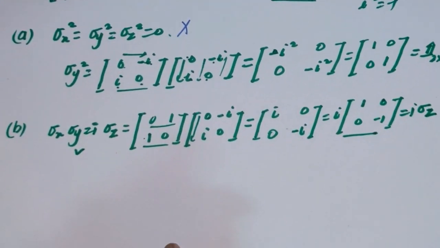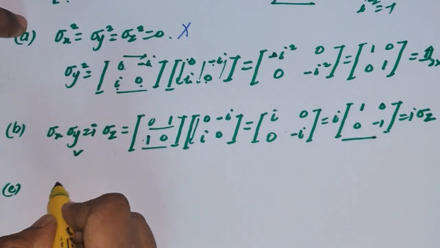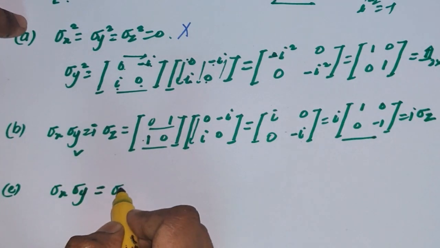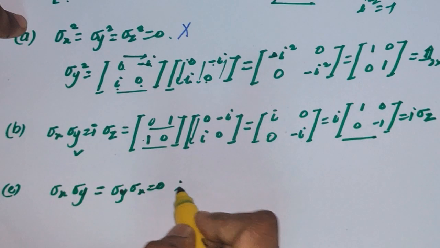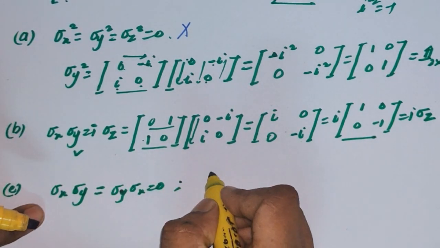The third one we have to check is sigma x sigma y equal to sigma y sigma x, equal to 0. Really, it is commutative, and this statement is also considered. You can take two matrices and check.